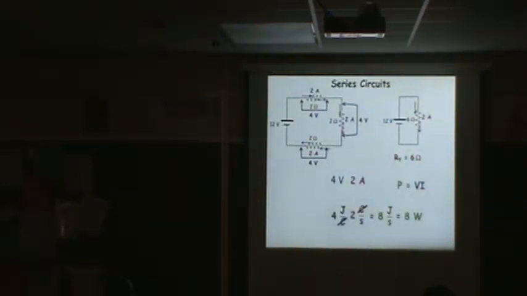We know 2 amps are going through this net resistance, which was really these 3 connected in series. If that were not true, it would be a major violation of a little rule, a law in physics.